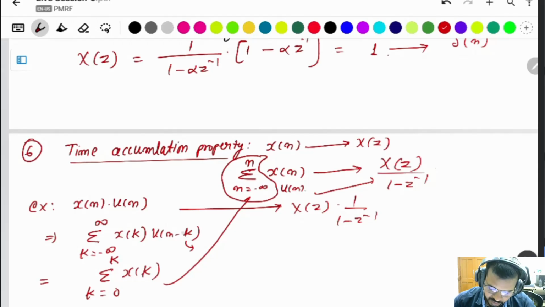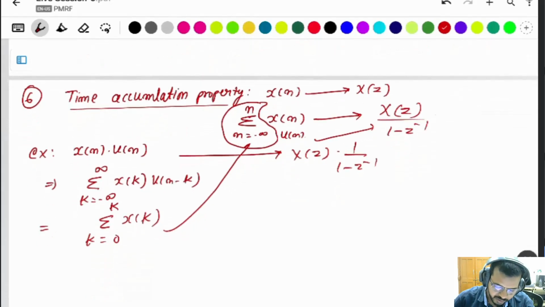If k is not there, only u(n) is there, then the summation will be k equal to 0 to infinity. But there is u(n minus k), that's why k equal to 0 to n. You can replace this by the u(n) function.